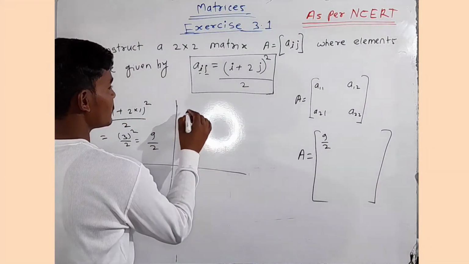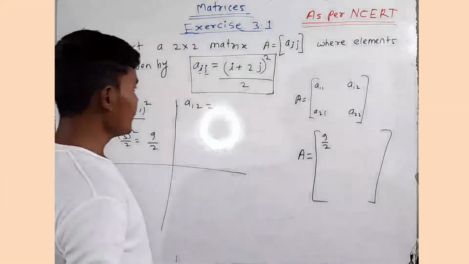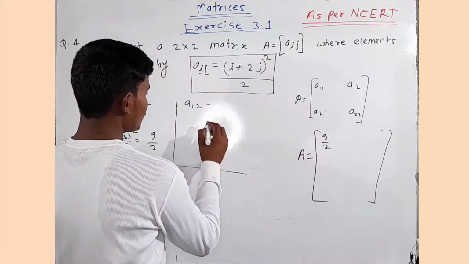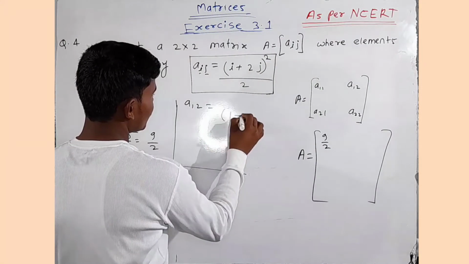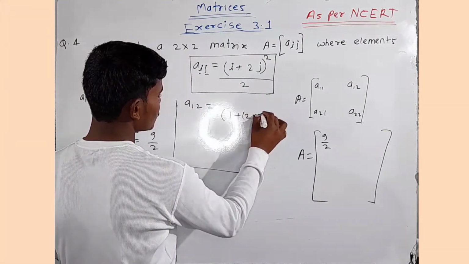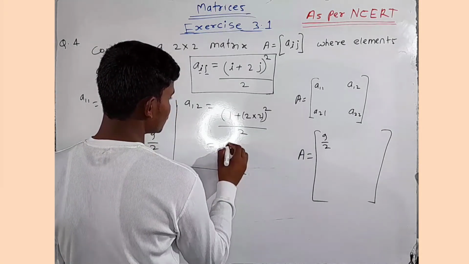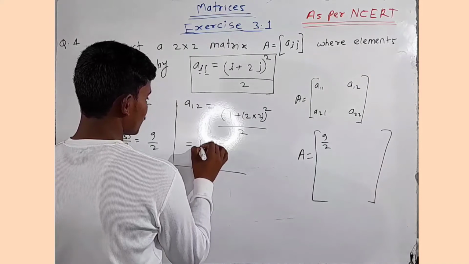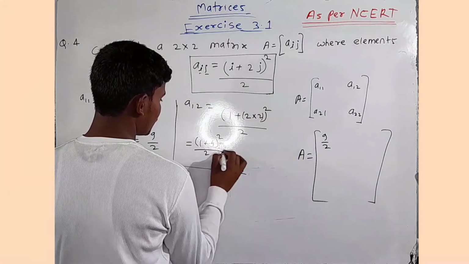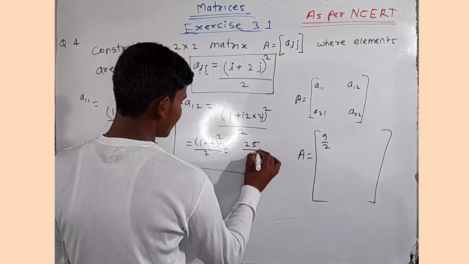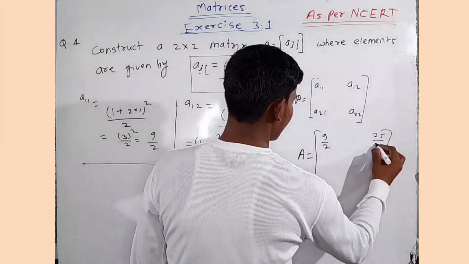Then another one, A12, that means first row and second column. So i is 1 and j is 2. So (1 plus 2 into 2) whole square divided by 2, that is (1 plus 4) square divided by 2, which is 25/2. Another element is 25/2.